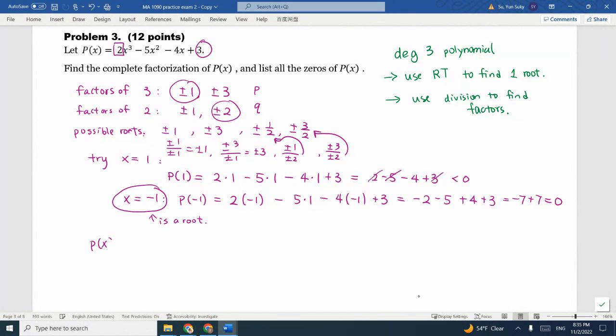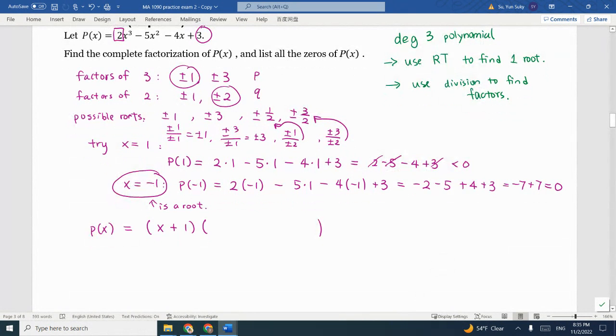So we know our polynomial has the factor x plus 1. If minus 1 is a root, then the factor has the opposite sign, so x plus 1 is a factor. To find the remaining quadratic factor, we use either long division or synthetic division. In this example, synthetic division is easier.